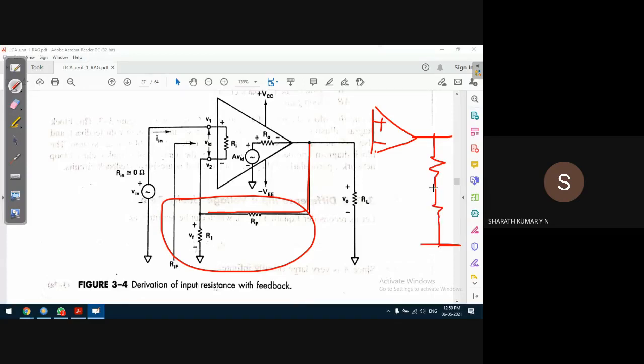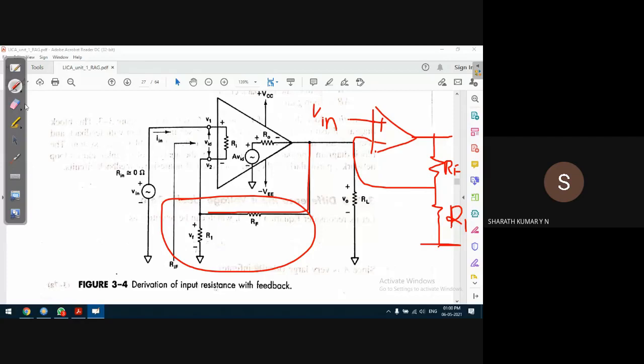Feedback is given from the junction of RF and R1 to the inverting input terminal, and input is given to the non-inverting input terminal. It is a non-inverting amplifier. Very simple. So it is rearranged like this.